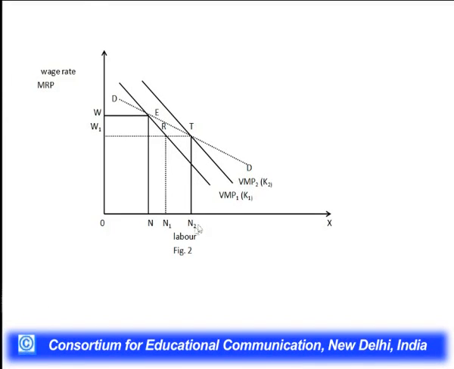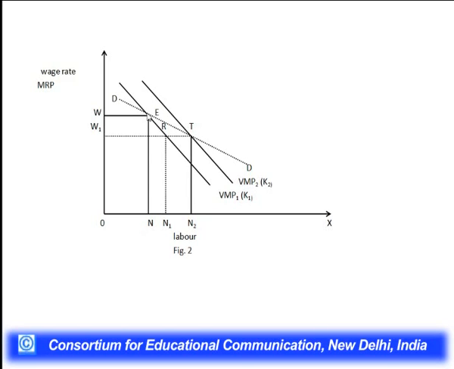In figure 2, we have shown labor on x-axis, wage rate and MRP are shown on y-axis. We have one value of marginal productivity curve VMP1 corresponding to some capital level K1, and when the wage rate is OW, we find that ON labor is being demanded at this wage rate.